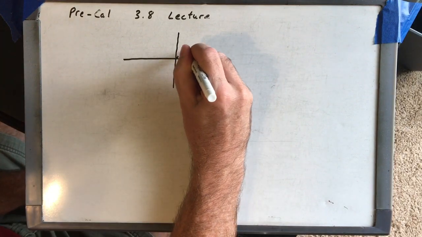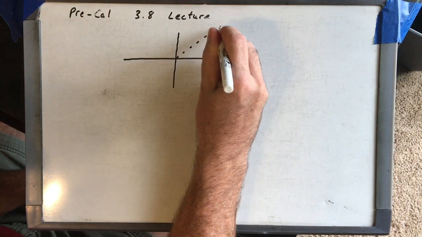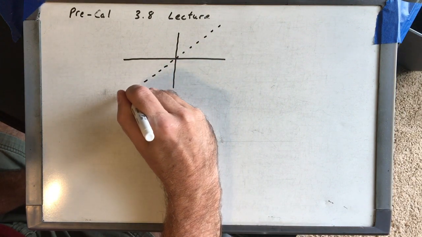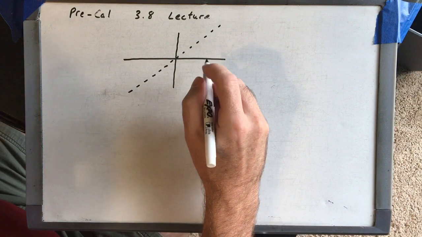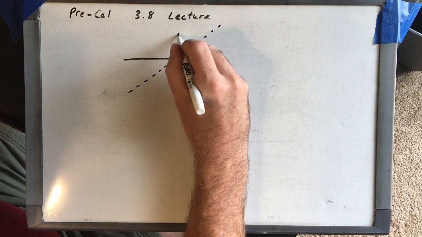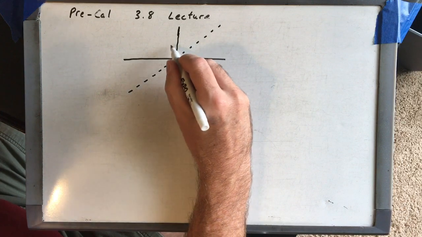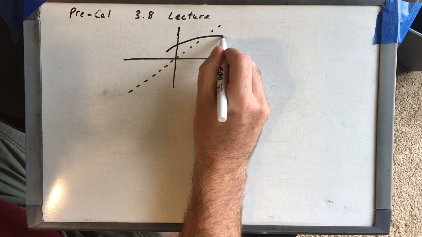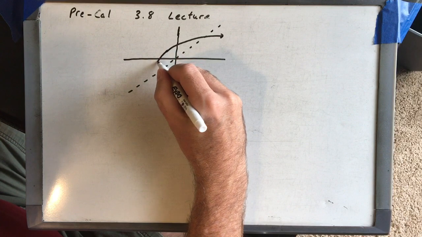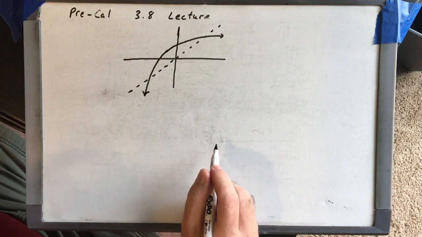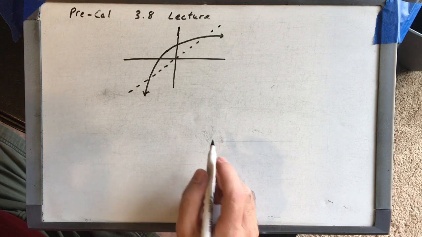So we have the line y equals x. Okay, so let's say we have a curve that looks like this. All right, what would the inverse look like?